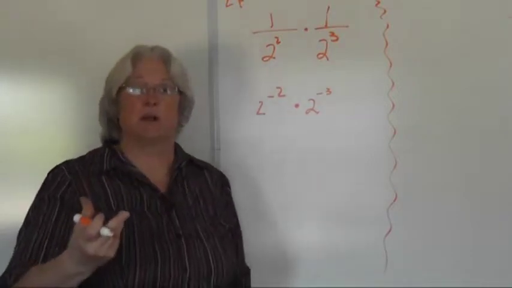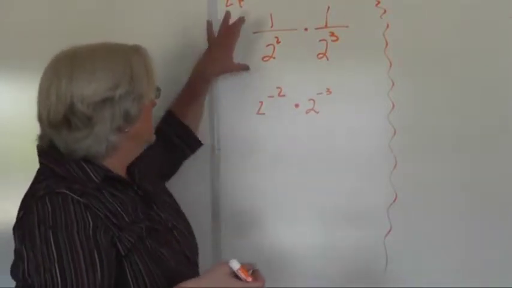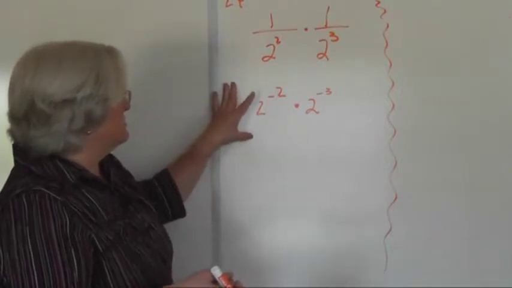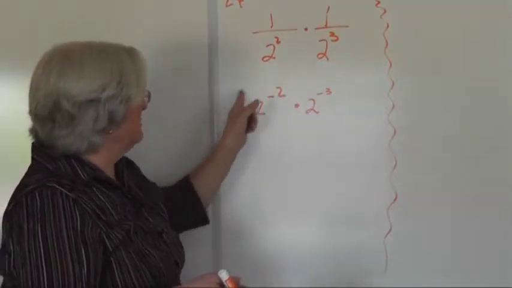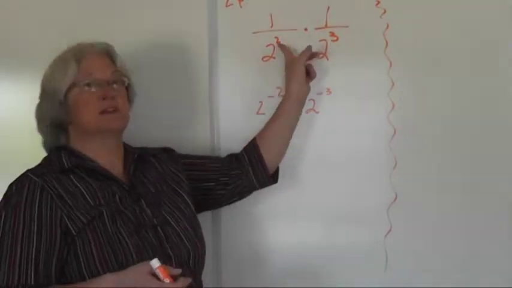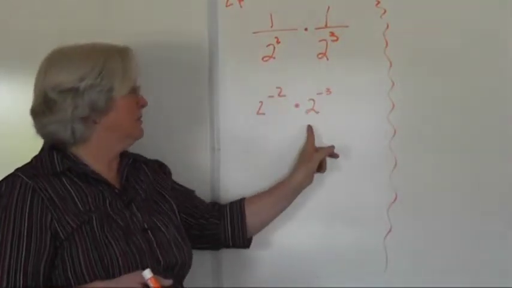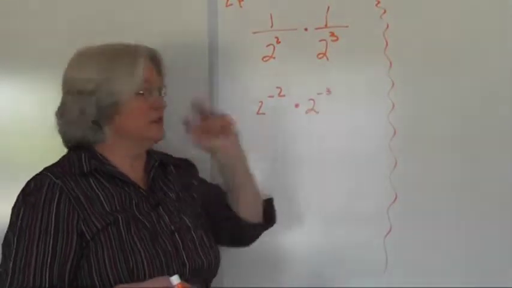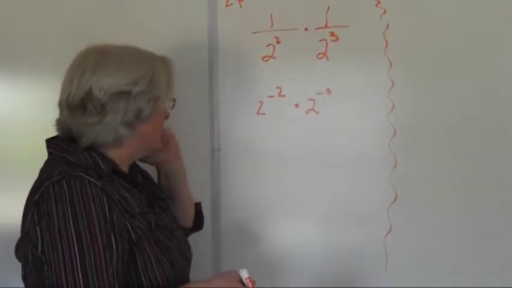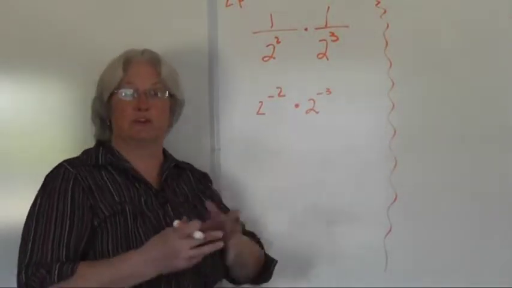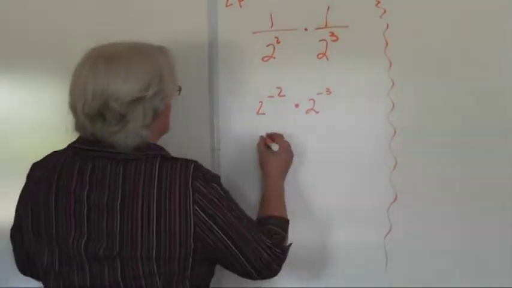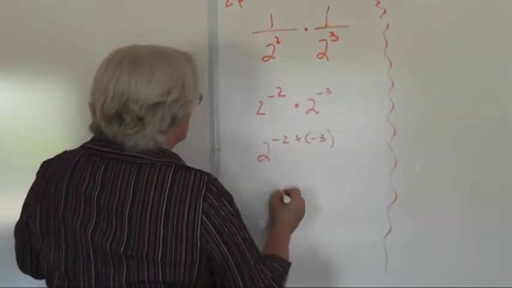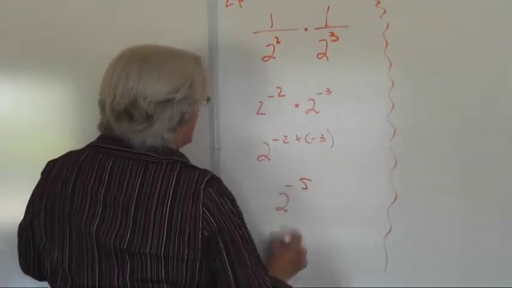From what we were just talking about a moment ago, 1 over 2 squared is the same as 2 to the minus 2. 2 to the minus 3 is the same as its reciprocal with a positive exponent. Now we can use our product rule. With the product rule, you simply add the exponents. That's 2 to the minus 2 plus a minus 3, which is 2 to the minus 5.